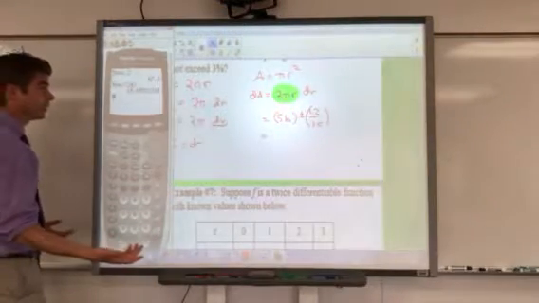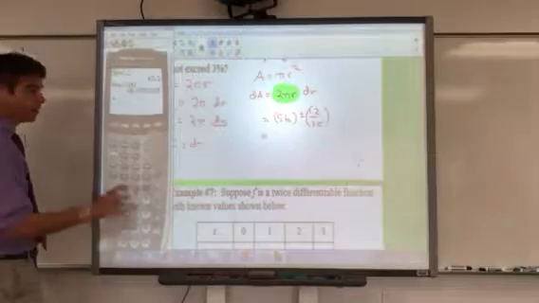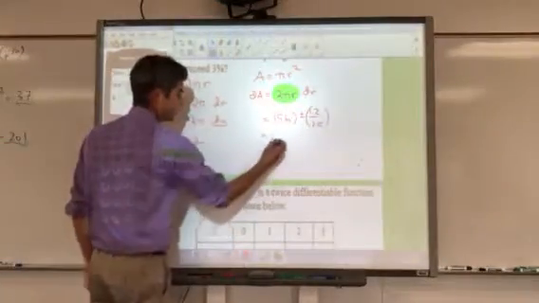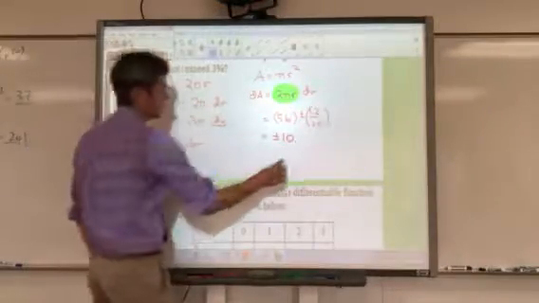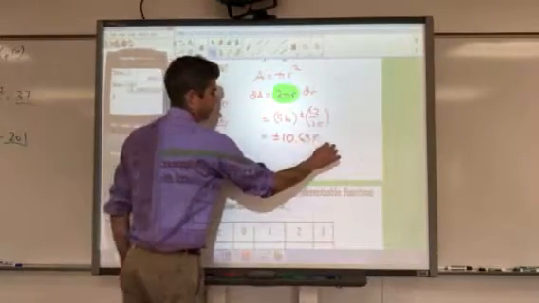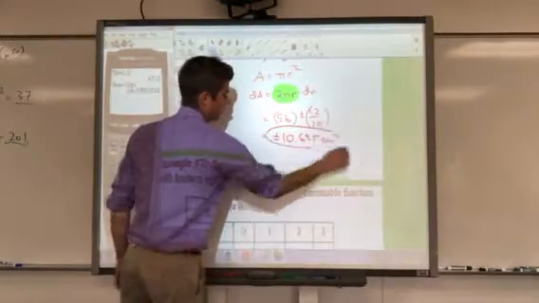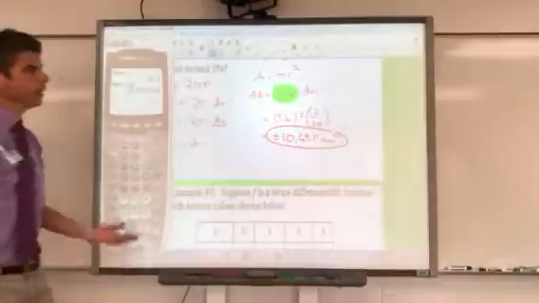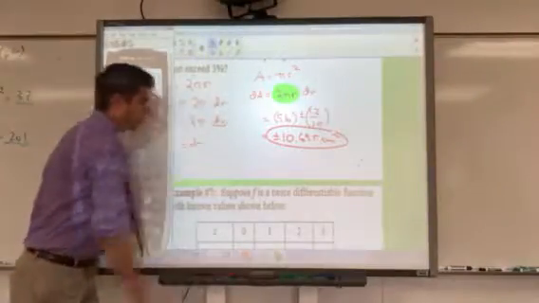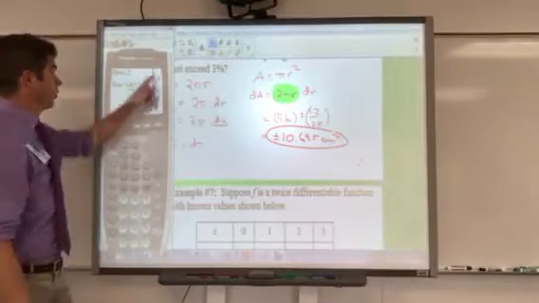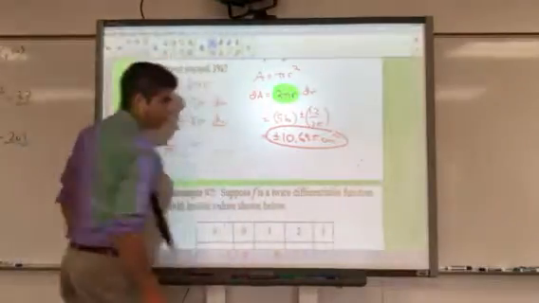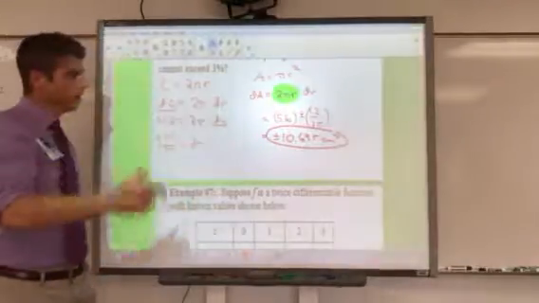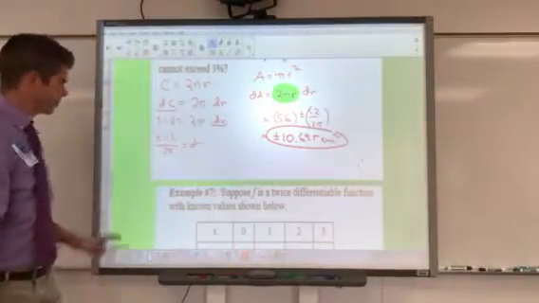So we get 10.695, and don't forget it should be a plus or a minus 10.695, and probably should use centimeters squared. So that would be my propagated error for area. Again, it's not the actual area, it's how much I would deviate. So about 10 above or below square centimeters.